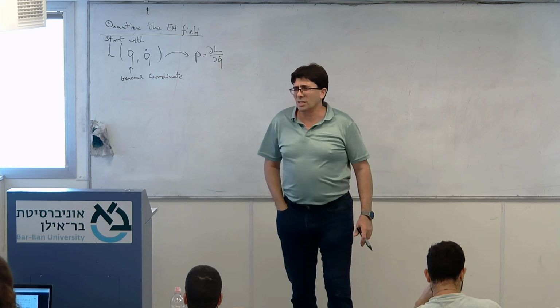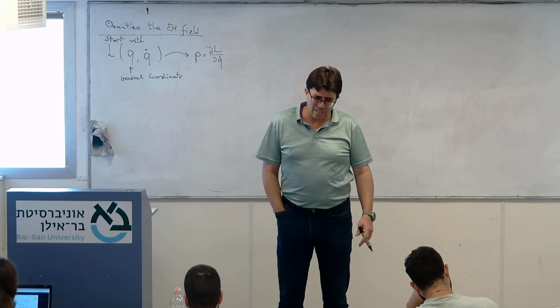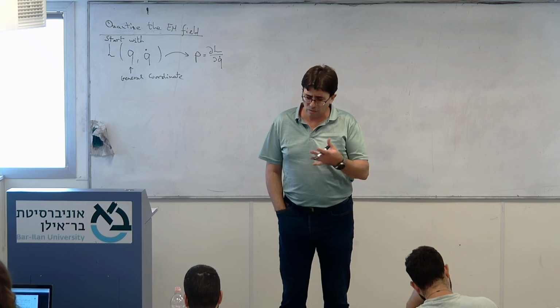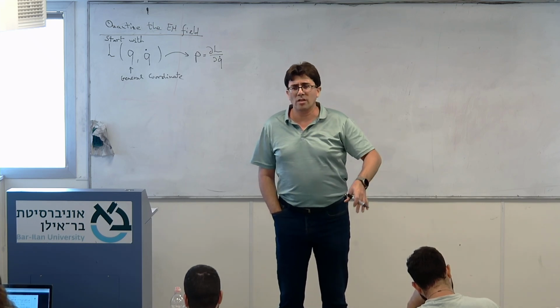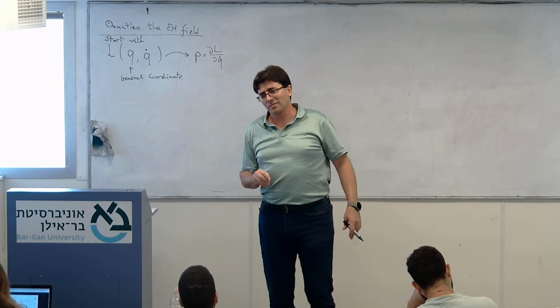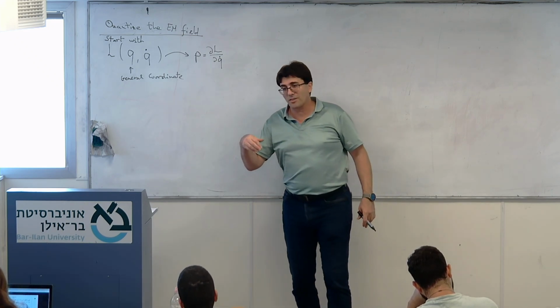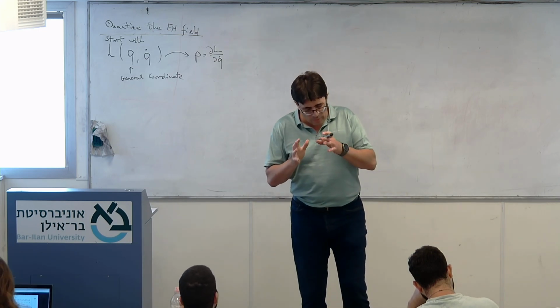Basically, we can show that in the classical electromagnetic Lagrangian, you can say that the electric field is the coordinate, and the magnetic field is the velocities, because the magnetic field goes like the derivative of the electric field.